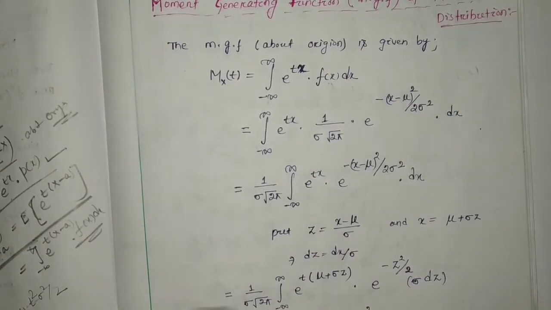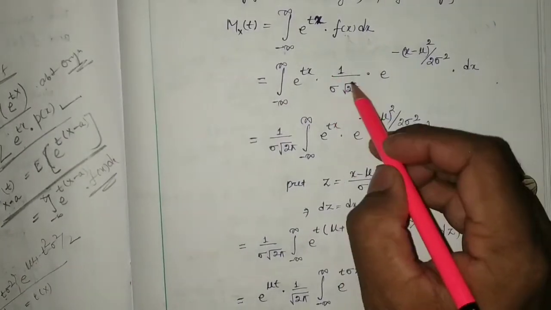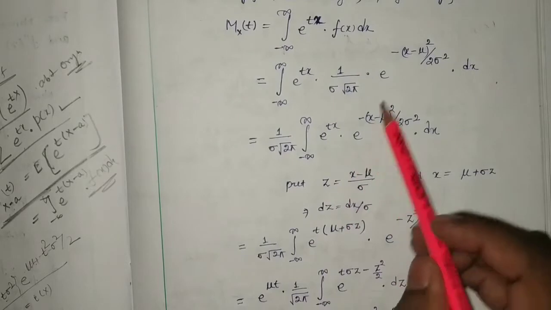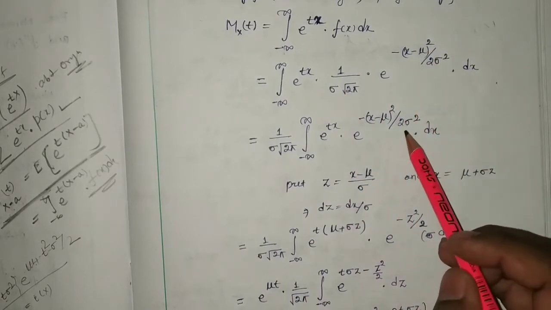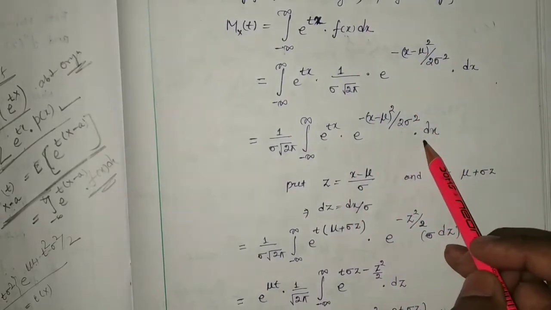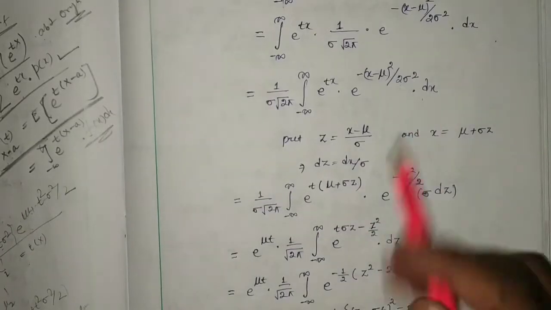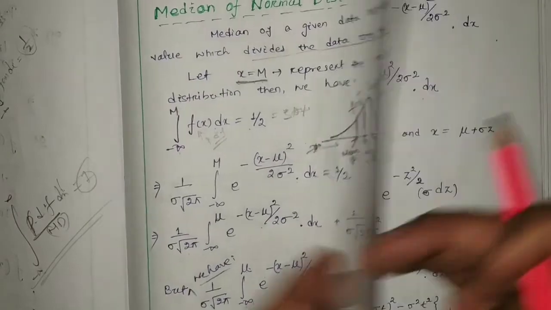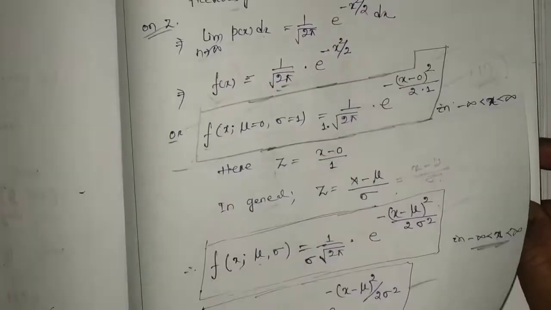Here the constant term is taken outside the integration, and we get e to the power tx into e to the power minus (x minus mu) whole square by 2 sigma square dx. This type of integration we have done previously.